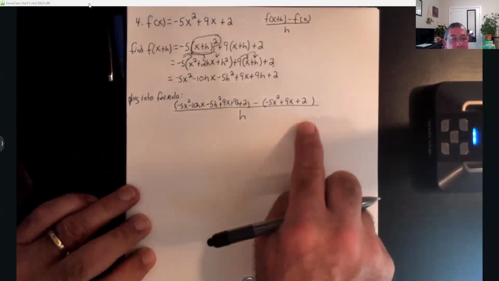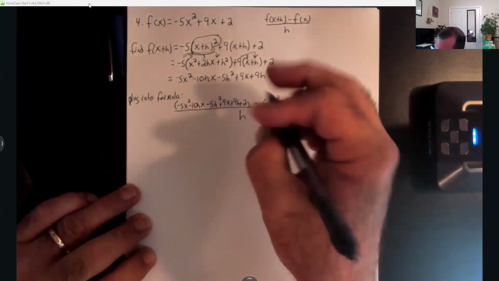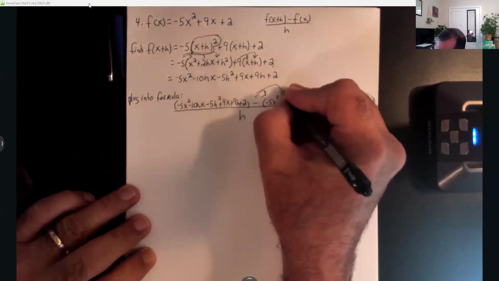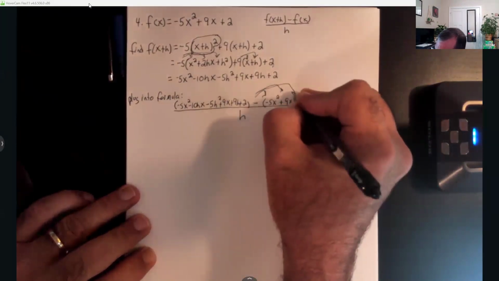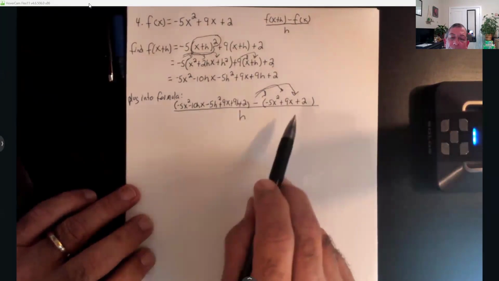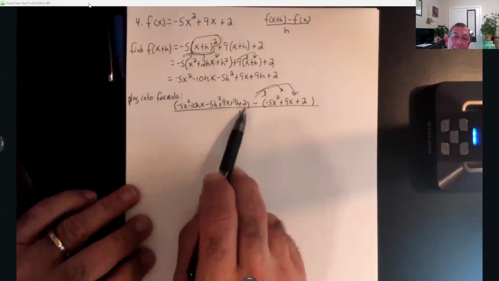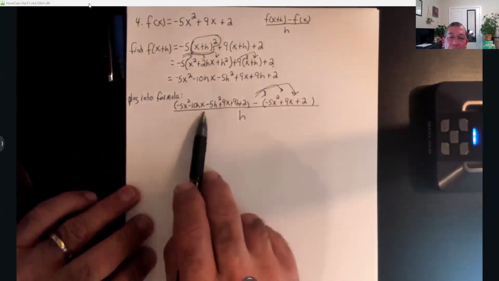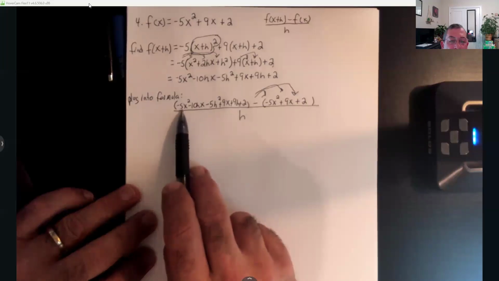Oh, y'all, I'm going to write all this and distribute this negative over here. But remember, at this point, all three of these are going to cancel with their counterpart over here, okay? So let's drop these parentheses.